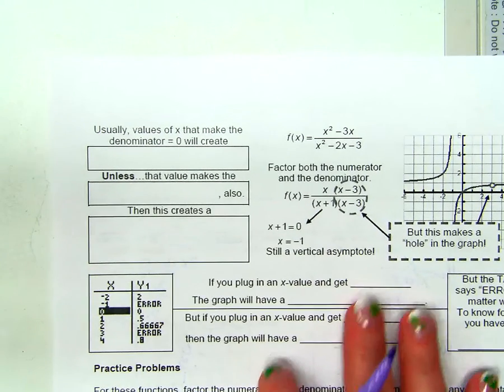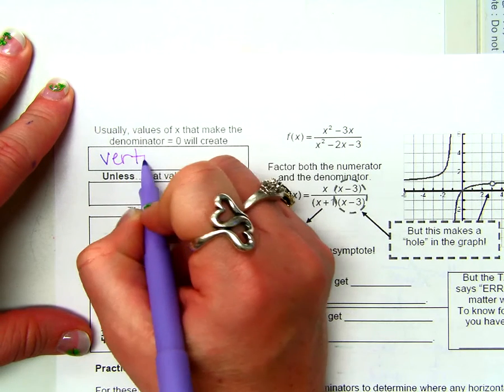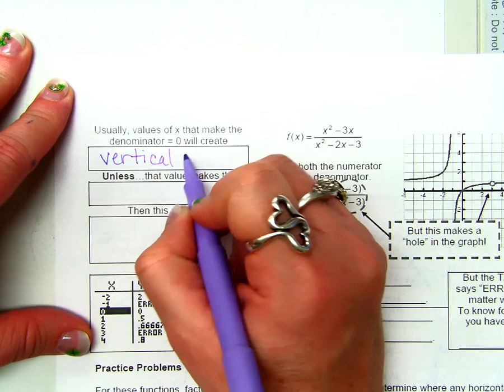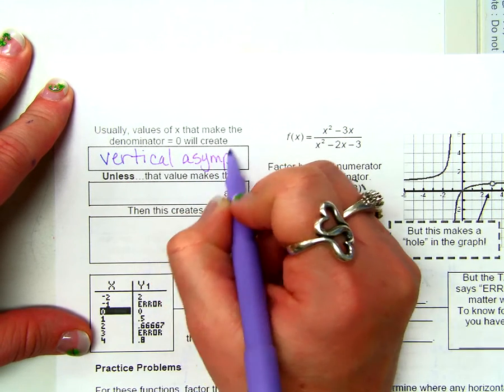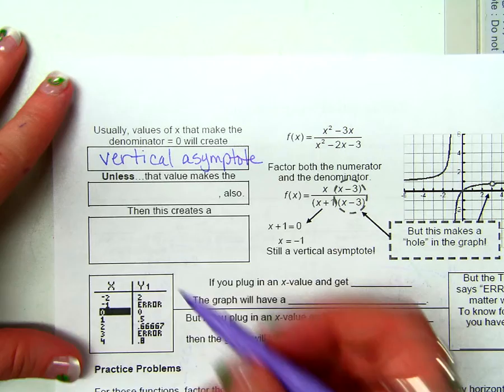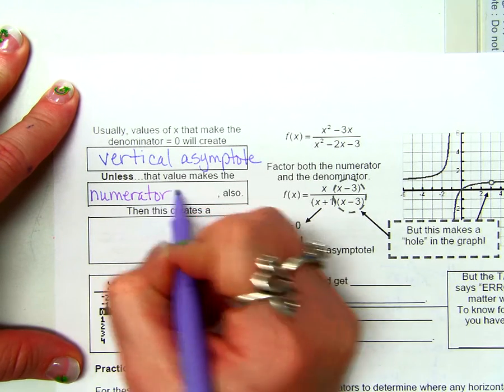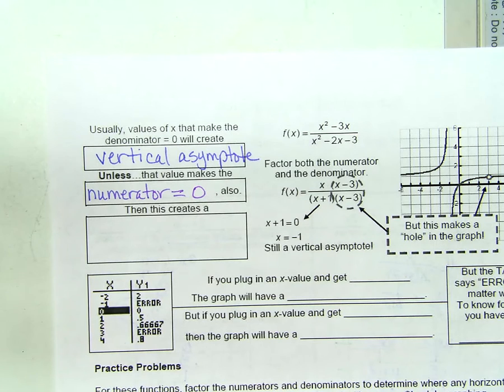Usually values of x that make the denominator equal 0 will create a vertical asymptote, unless that value also makes the numerator equal 0.